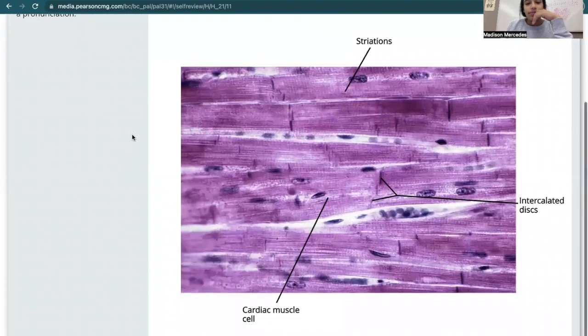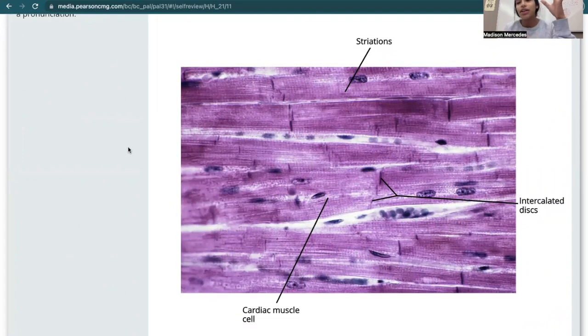Now, taking a look at the pathology of everything. If your cardiac tissue is not functioning the way it's supposed to, tied into the contractions of the heart, you are going to be in a lot of trouble.